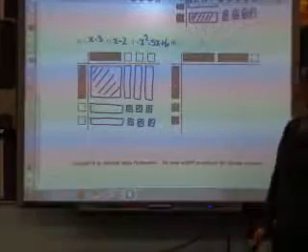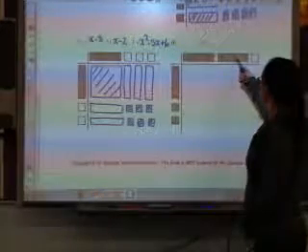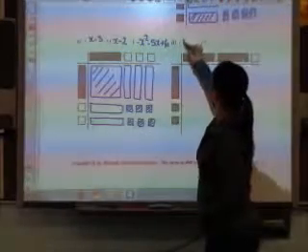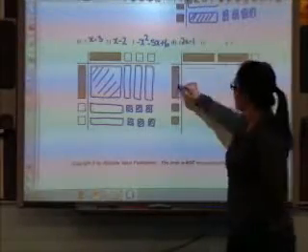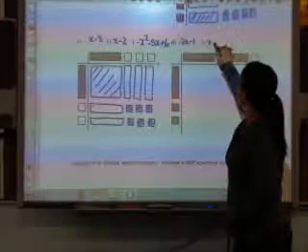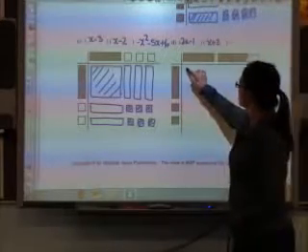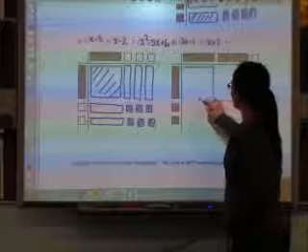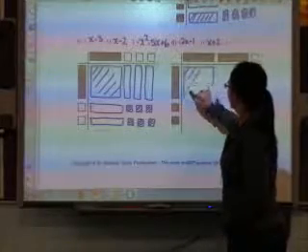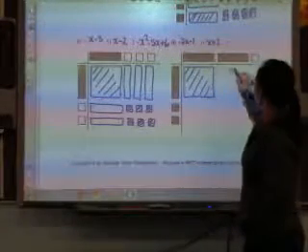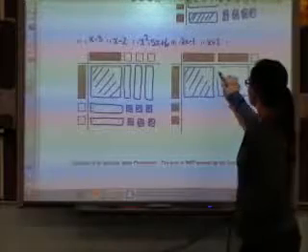And finally, in the last one, I have 2 x's and a negative 1, and an x and 2 positives. So an x and an x gives me a square. An x and an x gives me a square.